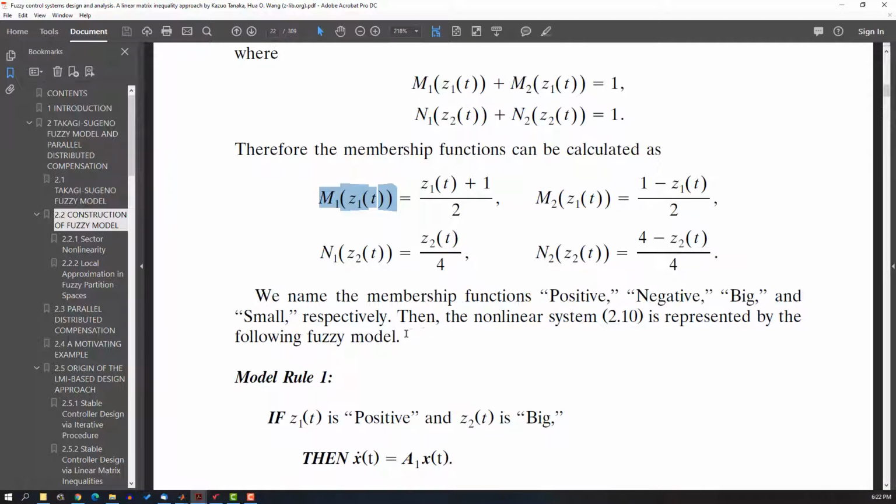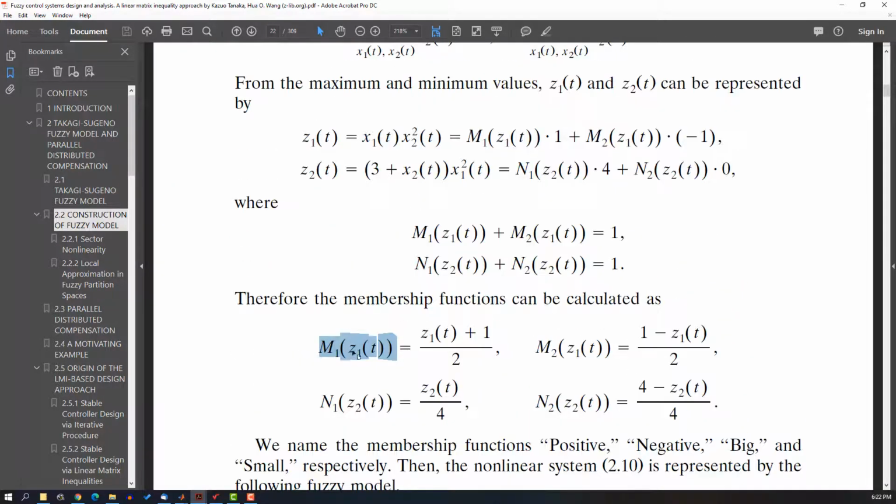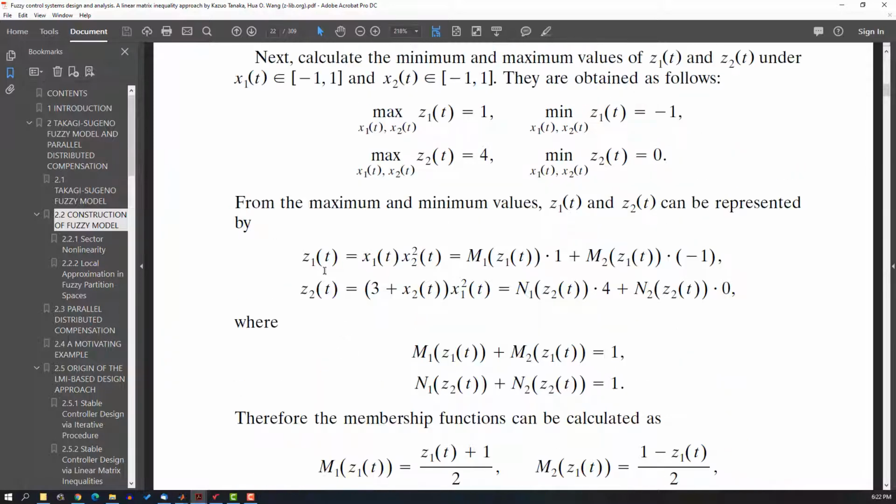So in the end, you will have the four functions being functions of state, and by observing the state, you can calculate these functions. So now you have the nonlinear sector become a combination of a set of two linear sectors, which are the maximum and the minimum values of that nonlinear sector.